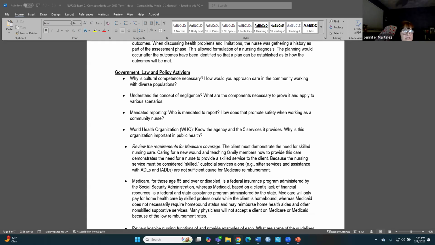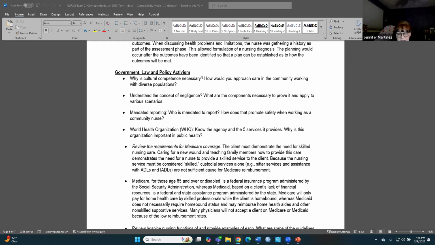That state board of nursing produces those nurse practice acts, which give us our scope of practice, according to what level of nursing the board covers in each state. And you can go to the Board of Nursing in your state and look at which licenses the board does regulate, and find your scope of practice.